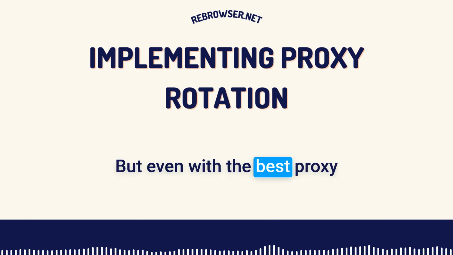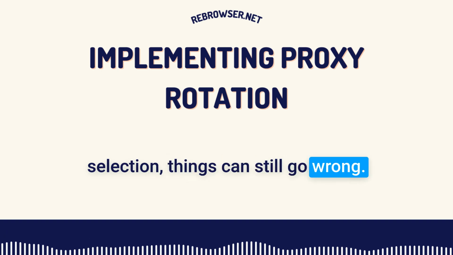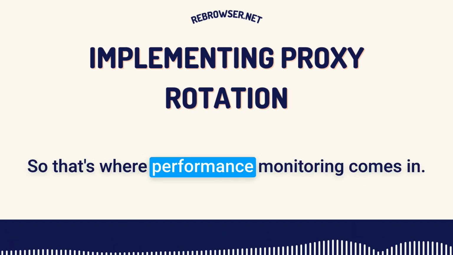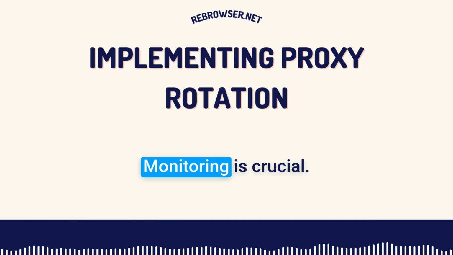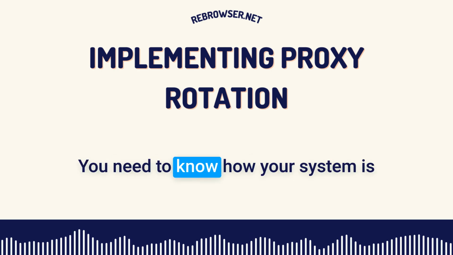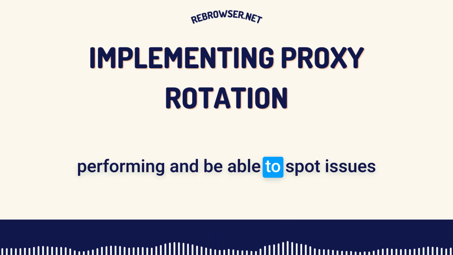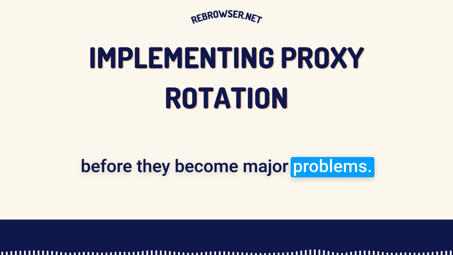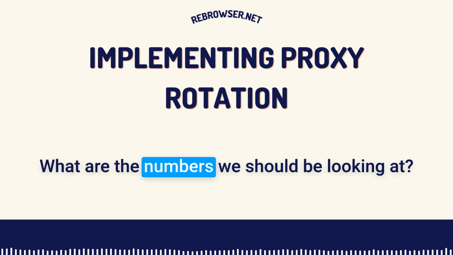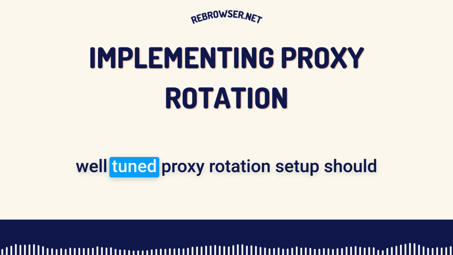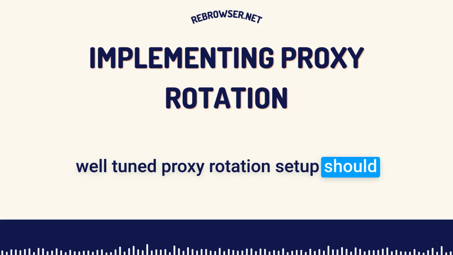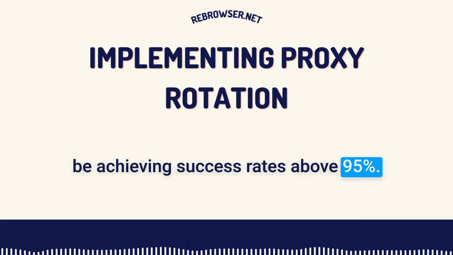But even with the best proxy selection, things can still go wrong, right? Yeah. So that's where performance monitoring comes in. I'm seeing some industry benchmarks here. Monitoring is crucial. You need to know how your system is performing and be able to spot issues before they become major problems. So what are the numbers we should be looking at? Well, based on the 2024 benchmarks, a well-tuned proxy rotation setup should be achieving success rates above 95%.